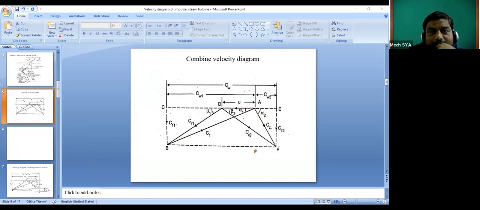And this one is the vertical component, which is responsible for making the flow. It is called CF1.